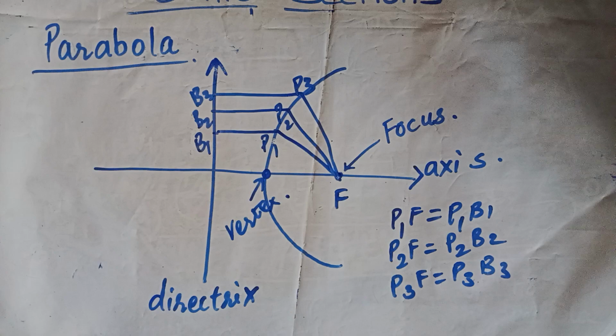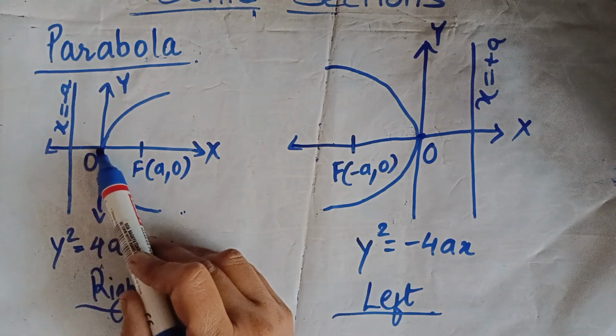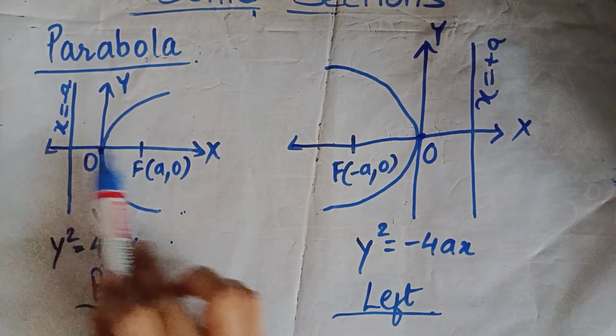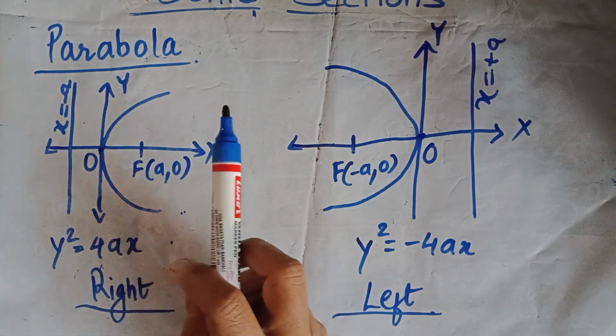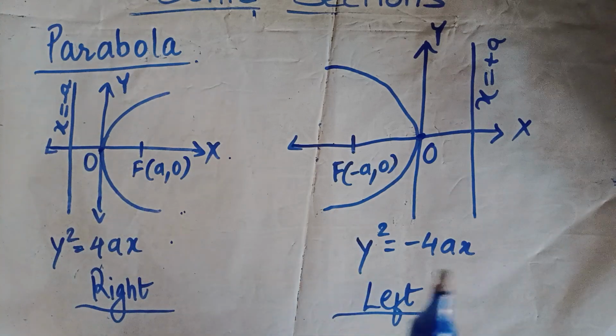Okay, so now we'll see standard equations of the parabola. Okay, these are the two standard parabolas. This is the right parabola, this is the left parabola. So here the vertex is at the origin. Okay, this point is (0, 0). This is the x-axis and this is the y-axis. That is, the axis of symmetry is along the x-axis or y-axis.